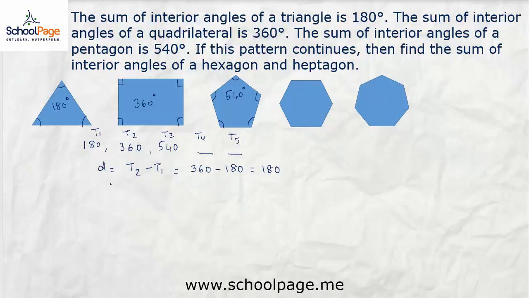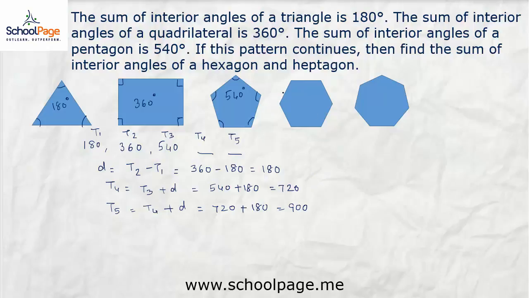Now to find T4, let us look at the preceding term T3 and add the fixed number D to it. So we have 540 plus 180, which is equal to 720. Let us find T5. For this we take T4 and add D. So we have 720 plus 180, which is equal to 900.